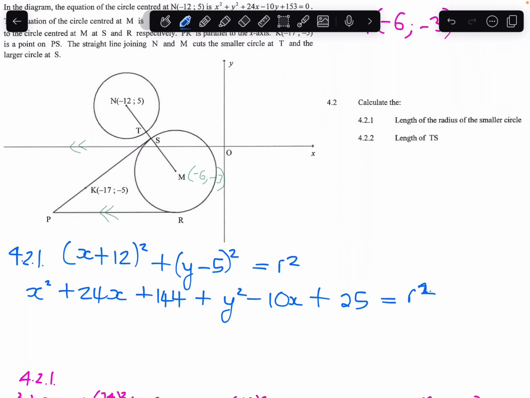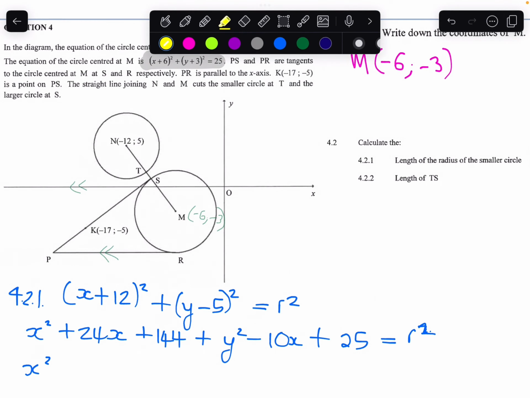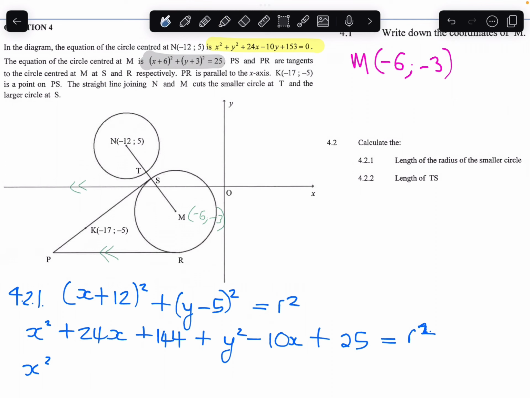And then we could say, okay, so that's x squared plus 24x. In fact, let me try to write this similar to how it was given to us. So we would have x squared, plus y squared, plus 24x, minus 10y.